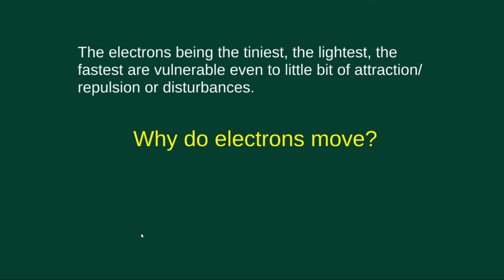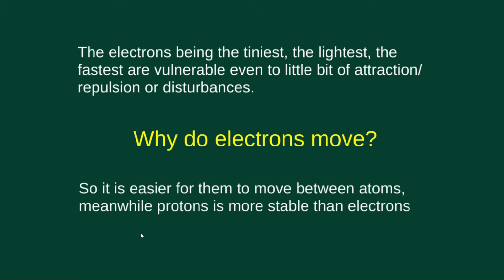So electrons are very vulnerable even to a little bit of attraction, repulsion or disturbance. Electrons are easier to move than protons. They always move when something is in an imbalanced condition. It is easier for them to move between atoms, while protons are more stable than electrons.